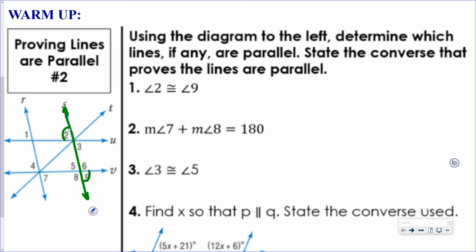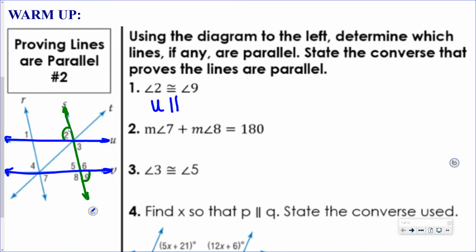So the two lines we'd be trying to prove parallel would be the other two lines that make up those angles, U and V. So if you were trying to prove that R and S are parallel, neither of these angles are on line R. So we're trying to show that U and V are parallel. Okay, so based on this information that angle 2 is congruent to angle 9, could we say that U is parallel to V?